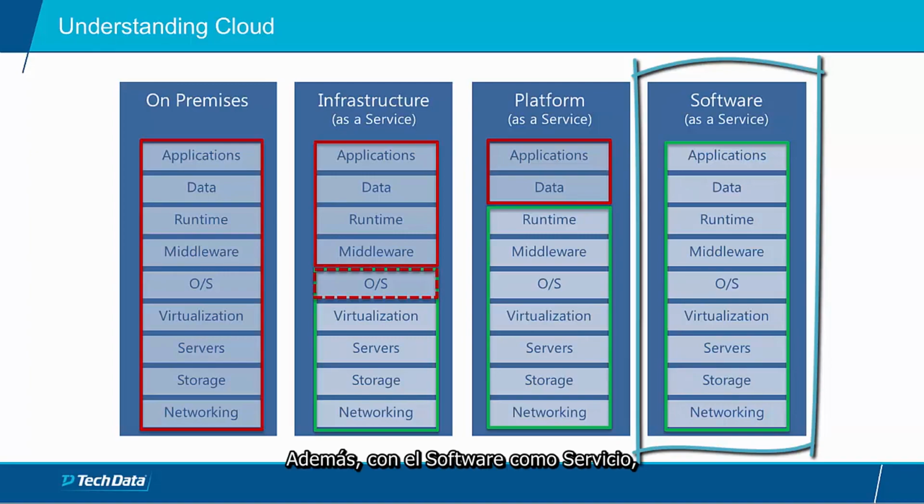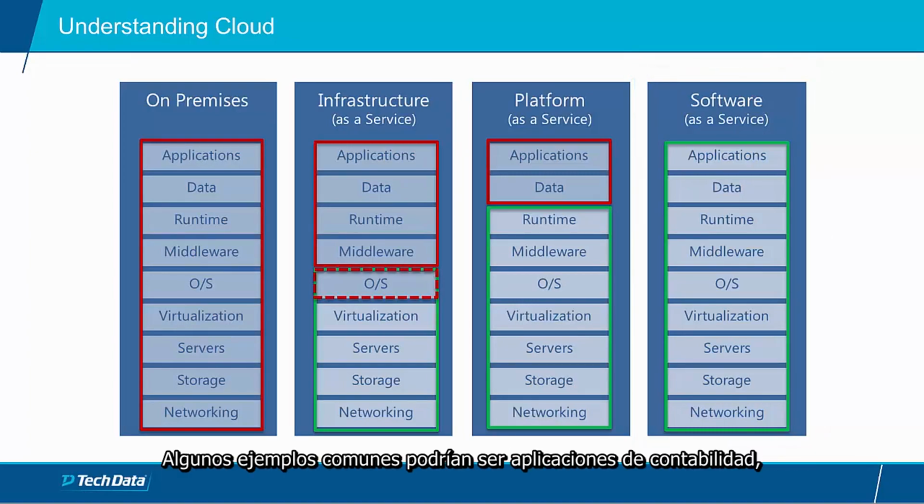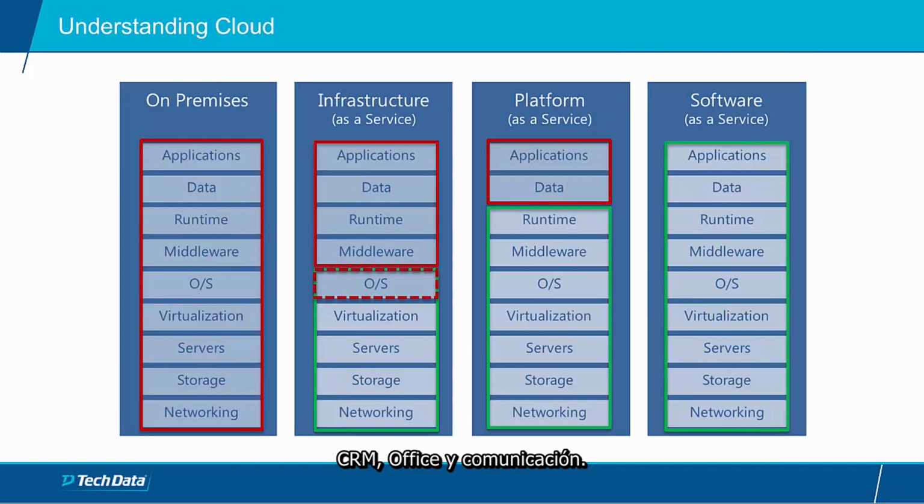Plus, with software as a service, customers will not have to support the installation or the infrastructure that supports the application, really making this cloud model a no-brainer. Some common examples would be accounting, CRM, Office, and communication applications.